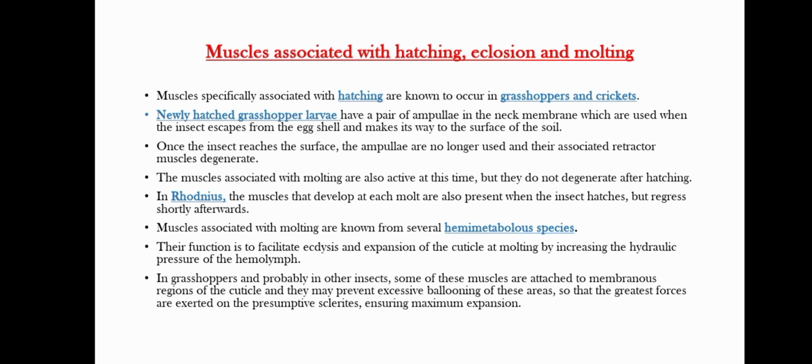In grasshoppers and other insects, some of these muscles are attached to the membranous regions of the cuticle, and they may prevent excessive ballooning of these areas, so that the greatest force is exerted on the presumptive sclerites, ensuring maximum expansion.